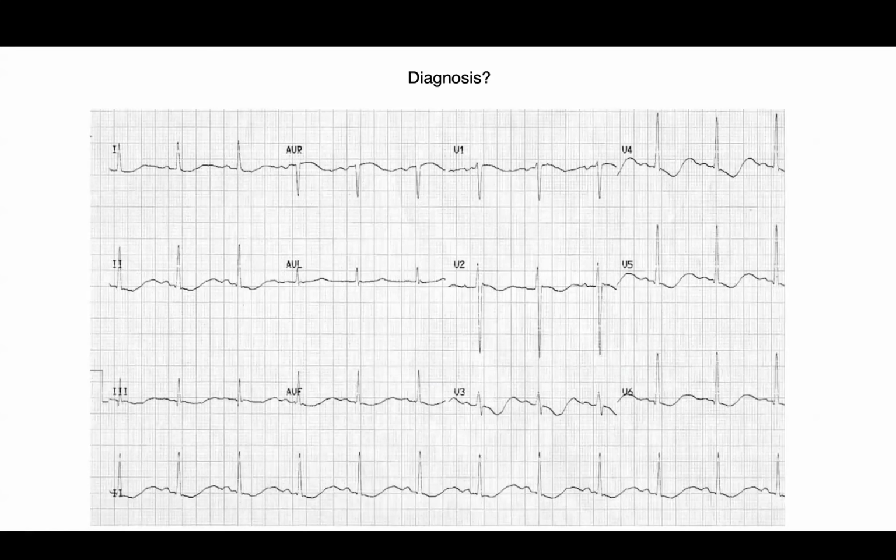Diagnosis. Okay, I think. Okay, super. So everyone knows about this.